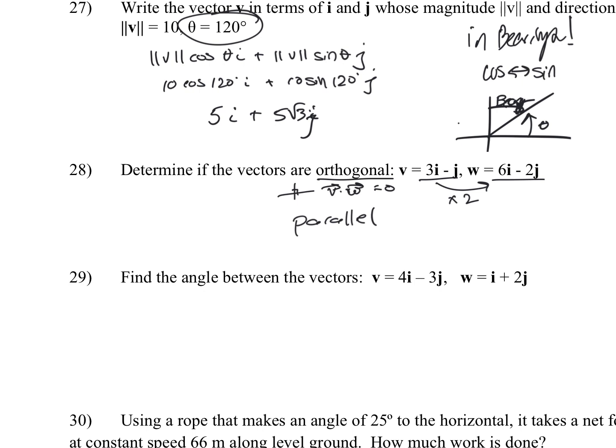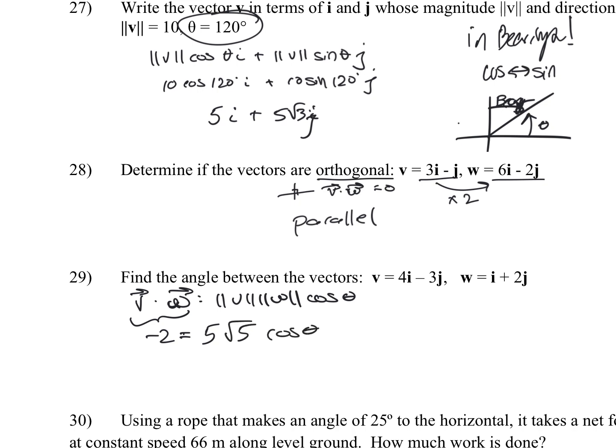Find the angle. So we have a formula here, V dot W equals magnitude of V, magnitude of W, cosine theta. So I already worked out all these things. The dot product was -2. Magnitude of V is 5. Magnitude of W is root 5. So to get the angle, you just do -2 divided by 5 root 5, and then you just do cosine inverse of that.